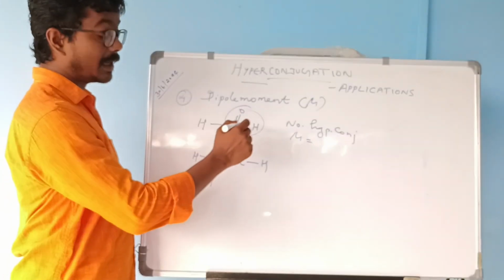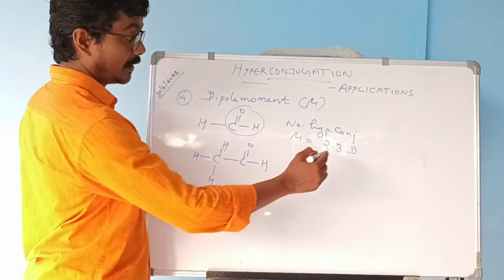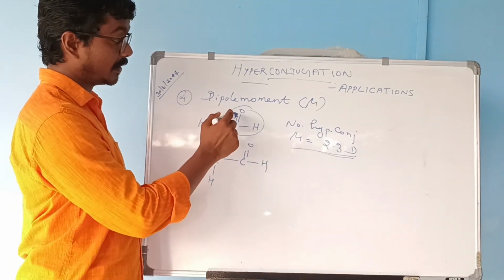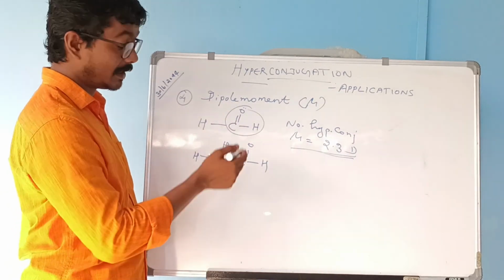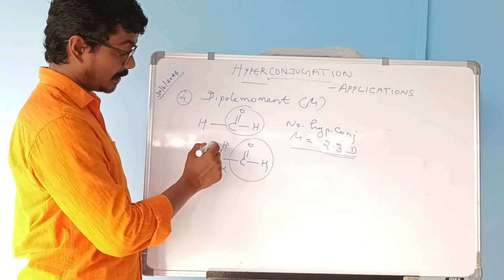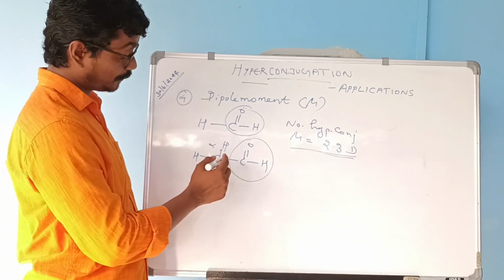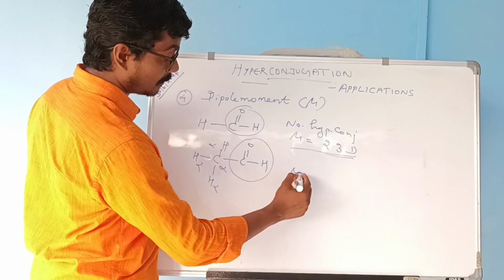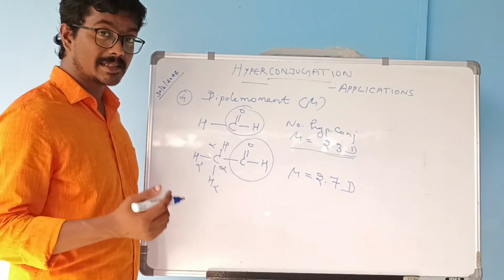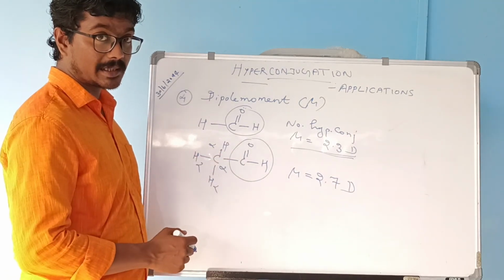The dipole moment of formaldehyde is 2.3 D. This is the experimental result, due to the polarity of the aldehyde group. But when this functional group is connected to an alpha carbon carrying 3 alpha hydrogen atoms, the dipole moment increases to 2.7 D. Do you know the reason for the sudden increase in the dipole moment when a methyl group is connected to this aldehyde?